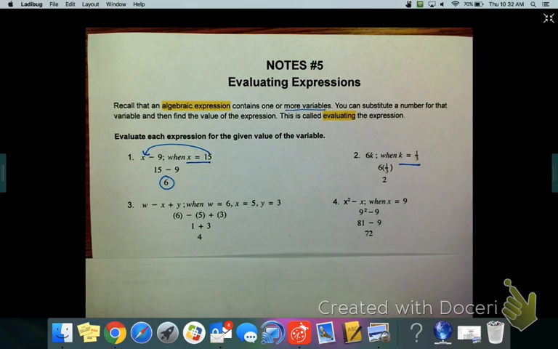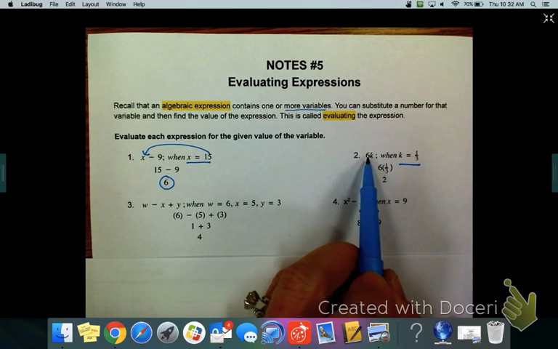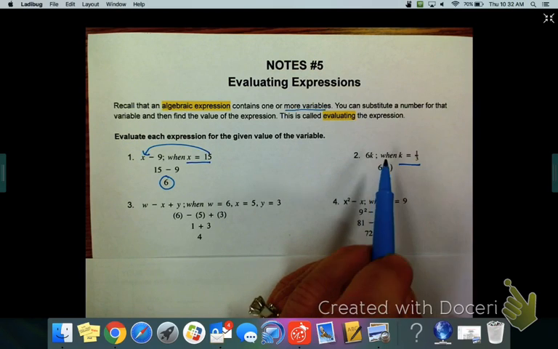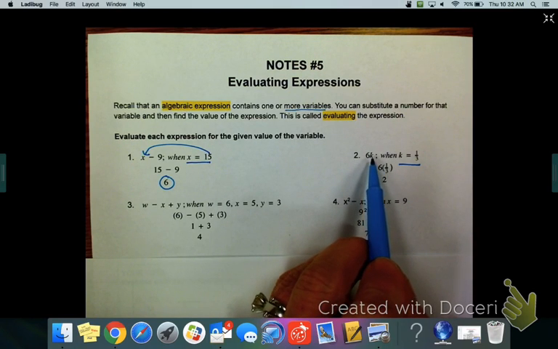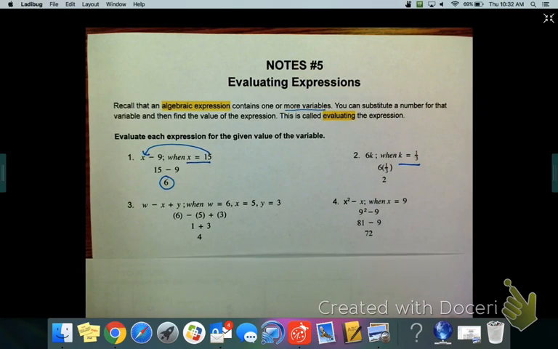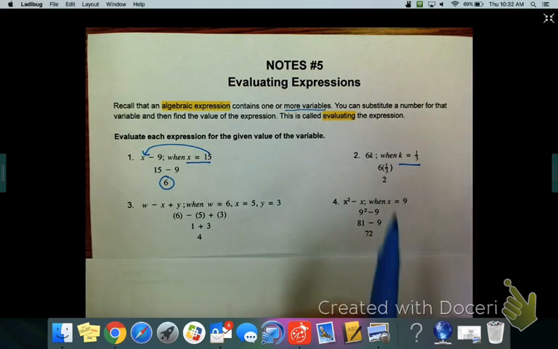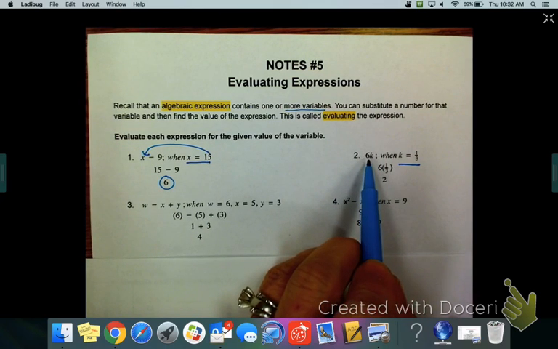Number 2, this says 6 times k. If you are not familiar with multiplication written this way, a coefficient in front of a variable is represented here as multiplication. So you need to understand that this is 6 times k. It's just understood that these two next to one another make a multiplication problem. You don't actually have to put any multiplication symbol in there when you write a variable and a number.